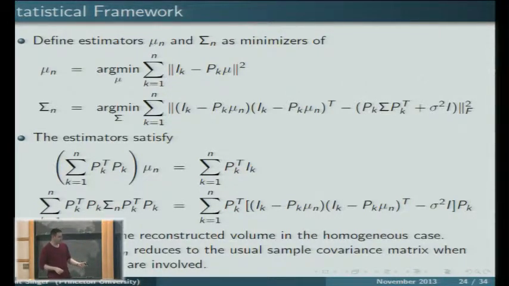So mu n is just the reconstructed volume, as in the homogeneous case. For sigma n, if there were no projections, we would just get the usual sample covariance matrix. But because there are projections, we have to invert this operator.